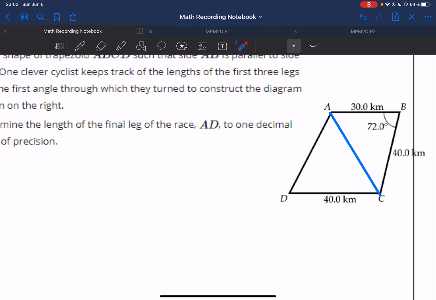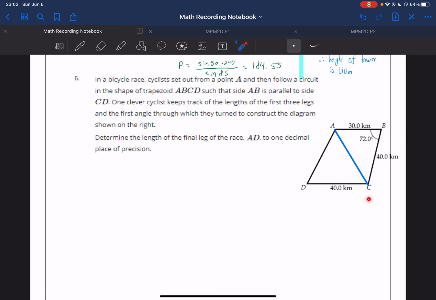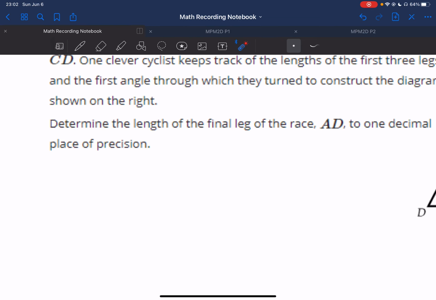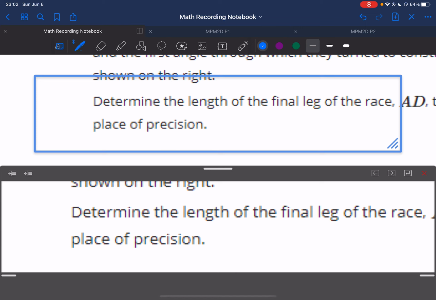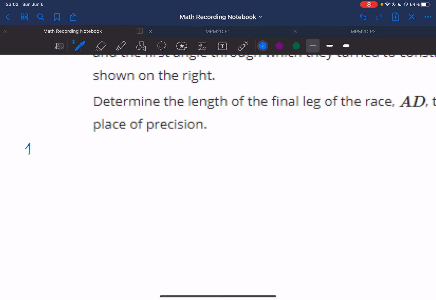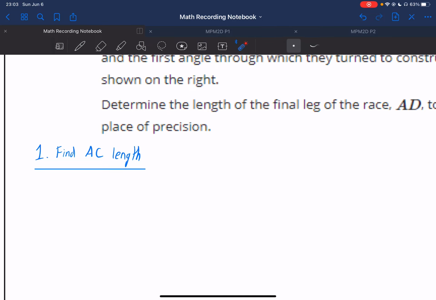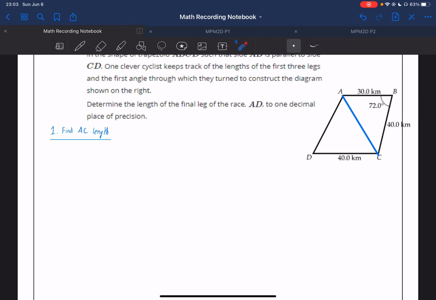So the first thing we're going to do is find out what the AC length is. And how we're going to do that is by using the cosine law. The reason we can use the cosine law, like I said earlier, is because we have this squished angle.